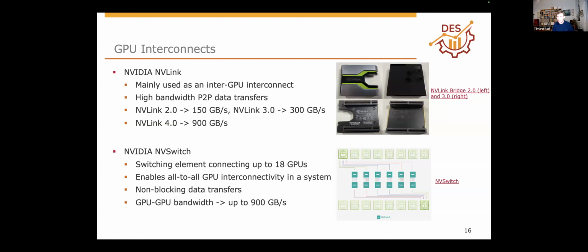As I said, initially only between GPUs, but now we can also have this all the way to the CPU, which then gives us a throughput and a bandwidth that we can use in order to read the data fast enough to keep the GPU busy and make it faster than the CPU would be.